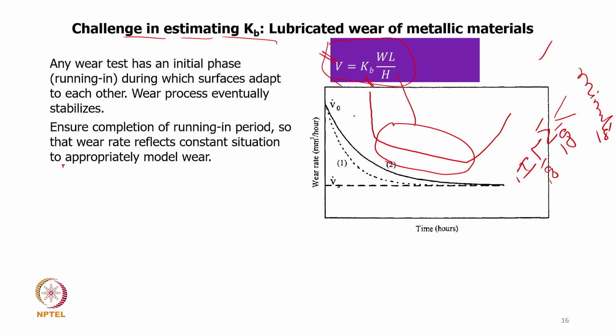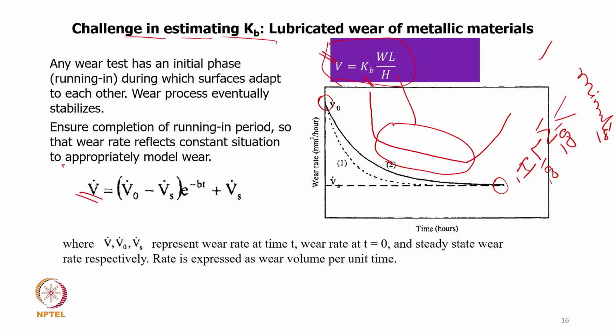The question comes, how do we estimate the running-in period? We really need to know in the beginning what the wear rate will be, and whether it has reached the same level and is not changing. If it is changing, then it is still going through running-in behavior, and that is where we really require this equation. We say this is the wear rate at the start, and this is the wear rate of the steady state condition. This takes a time, and b has to be calculated by the Cowford method or by substituting data, and after that it is a steady state.